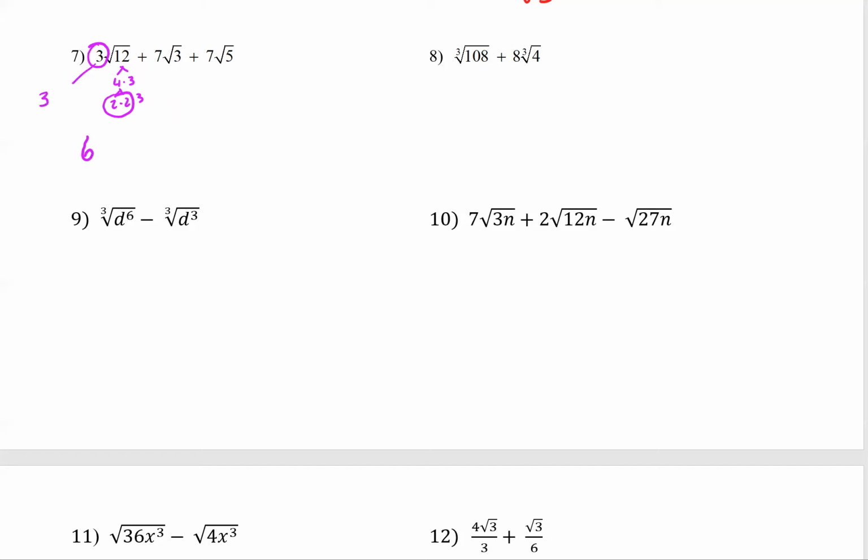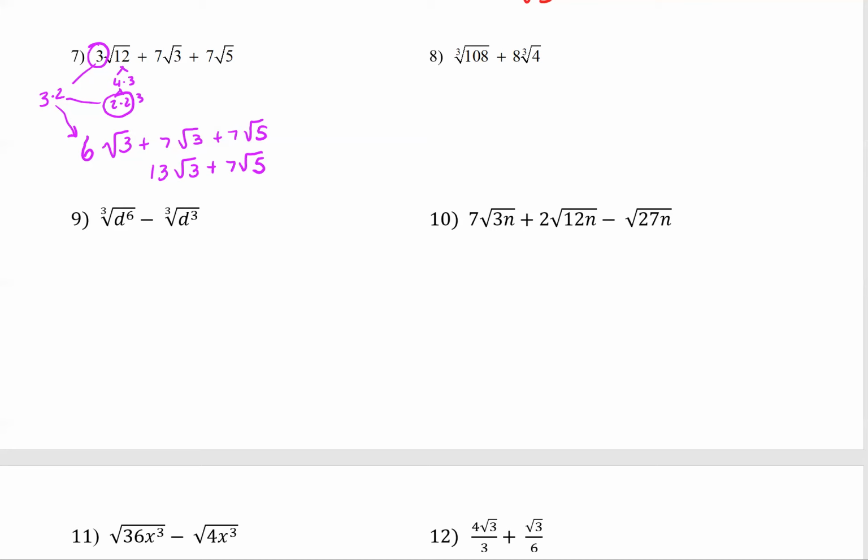So I'll write this. This is a 3 times that 2, which is that 6. So we have 6 square root of 3 plus 7 square root of 3 plus 7 square root of 5. So we can combine 6 plus 7, 13 square root of 3 plus 7 square root of 5.